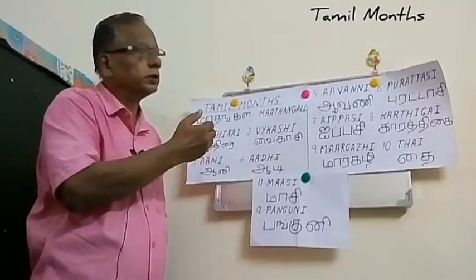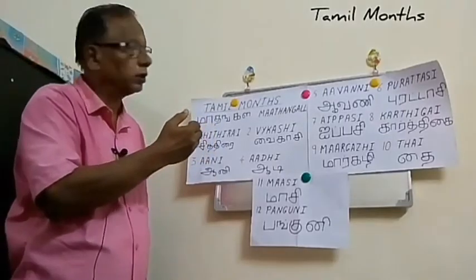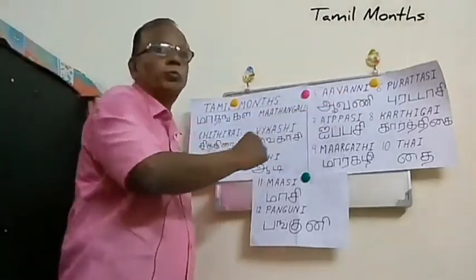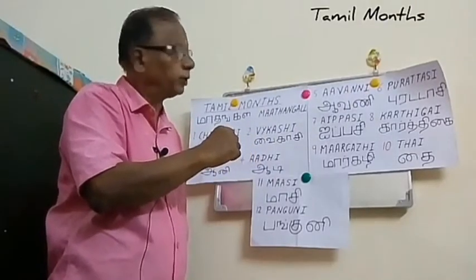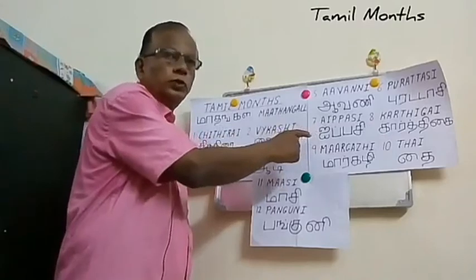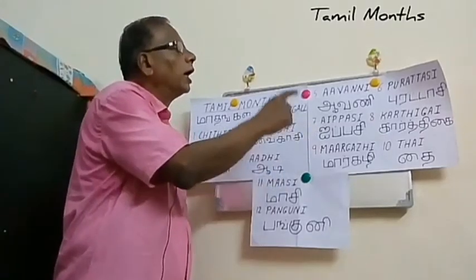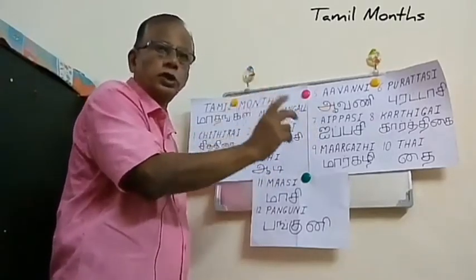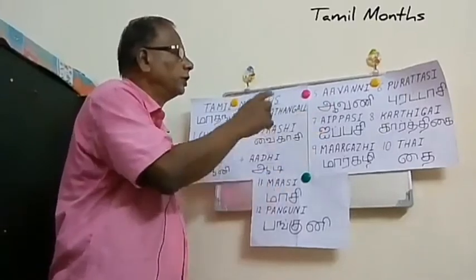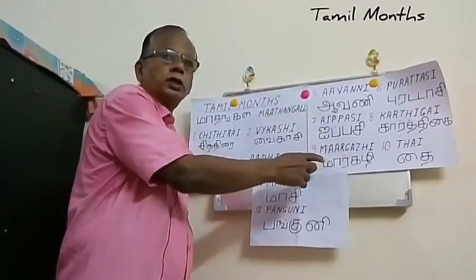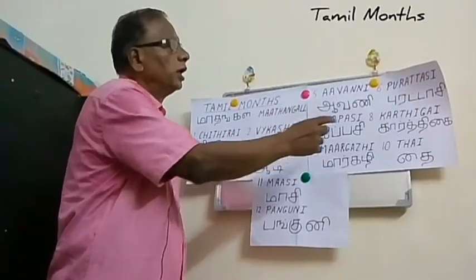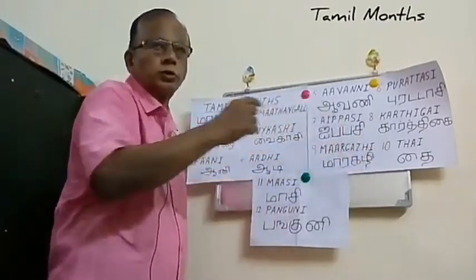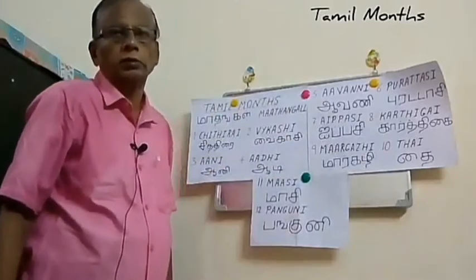Purattasi is called Bhadrapad. Aipasi is called Ashwin. Kartigai is Kartika Mahina. Margari is called Margasisht. And Thai is Paush Mahina.